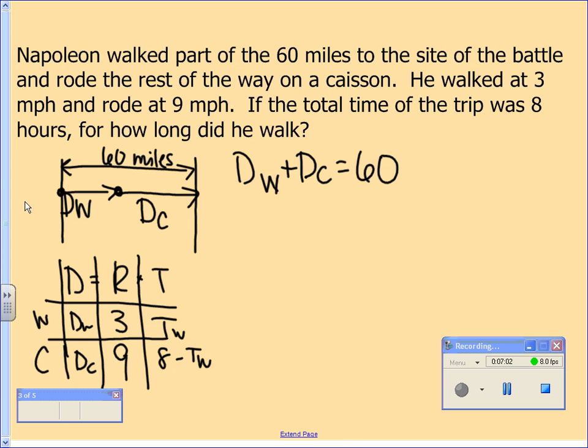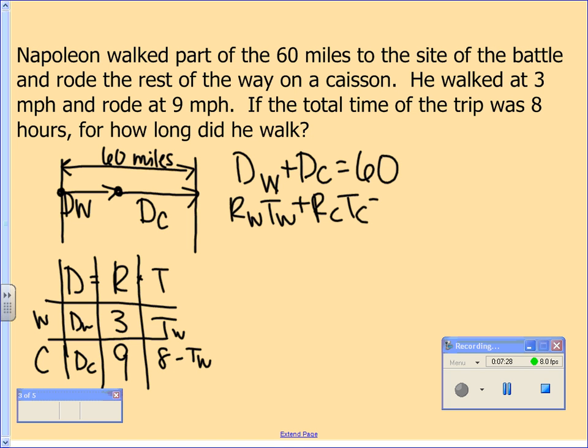So instead of DW, what could I put in? RT, rate of walking, time of walking, right? D equals RT. And then instead of this D, what should I put in?